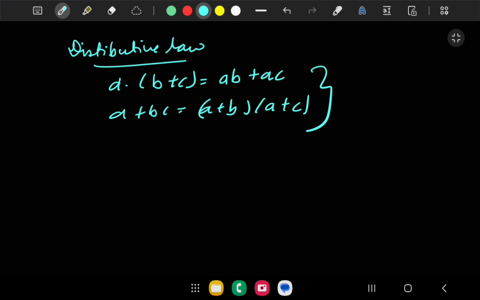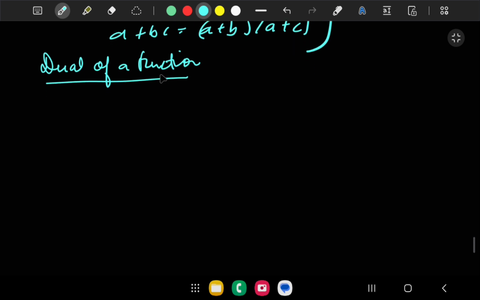So these two equations are also dual of each other. Now let us find the dual of a function. One function you have, and you have to find the dual of the function. For example, if I give you a function a comma b, then what will be the dual?